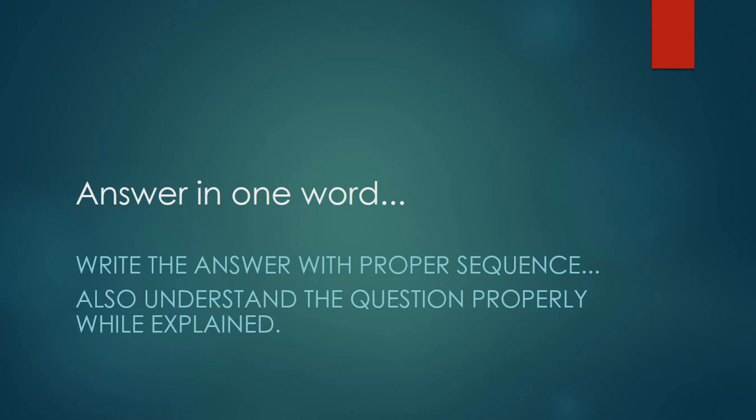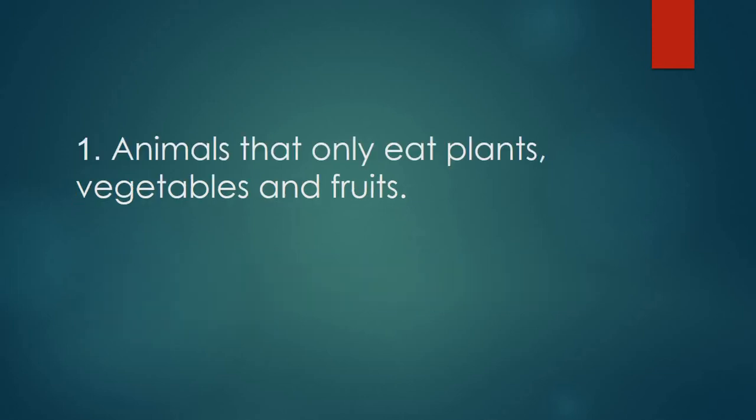So now let's see what the first question is. The first question is, animals that only eat plants, vegetables and fruits. You have to write either the name or the type. Now hint I cannot give you for this.